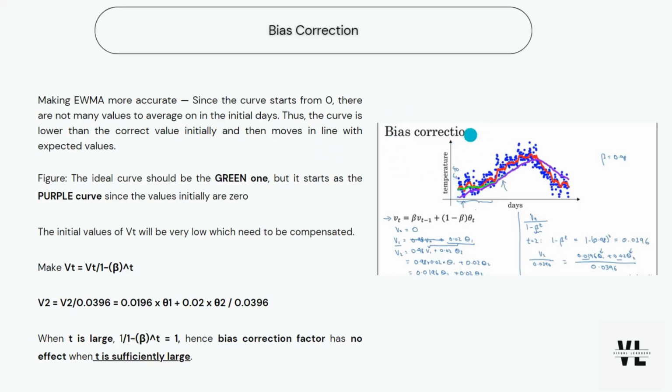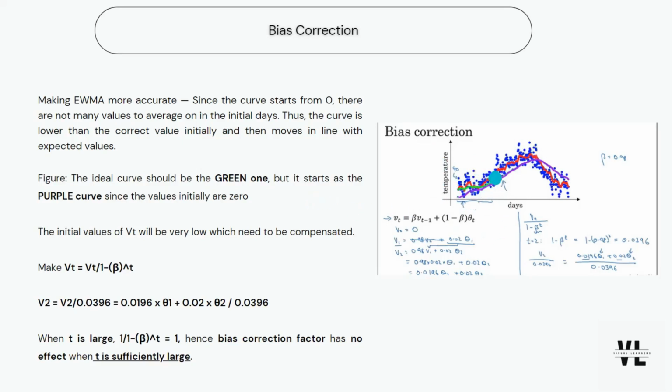That's why we introduce the bias correction so that it moves a bit upwards to the green line. But as we move forward, we can see that the purple and the green line will overlap over time when we reach a higher number of days. But for the initial stage, we need bias correction so that these two could be the same.